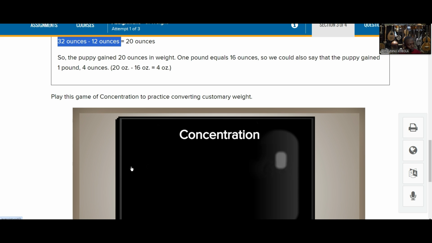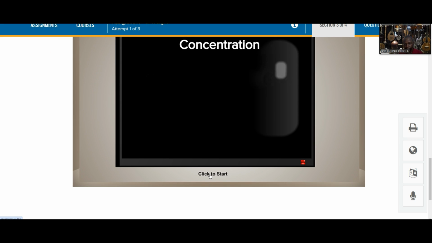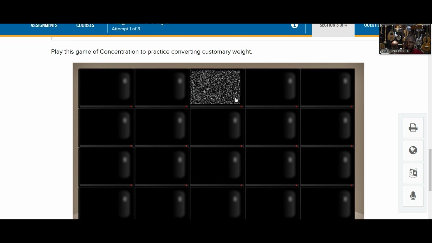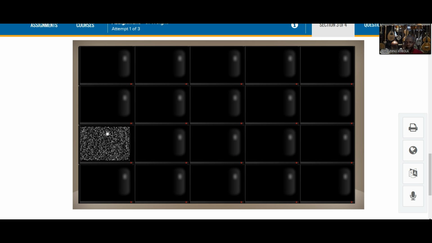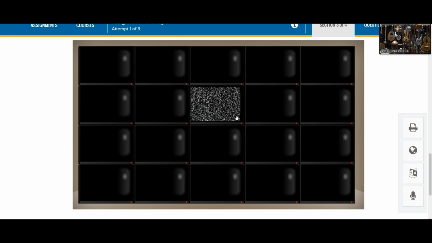Okay, let's see what we have here. Let's check this third space from the top.